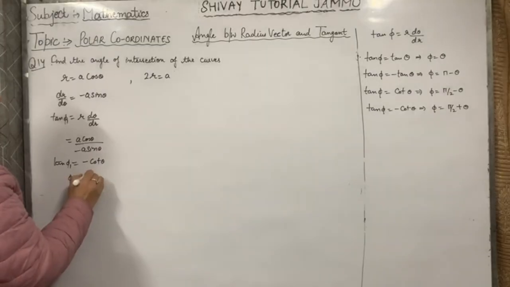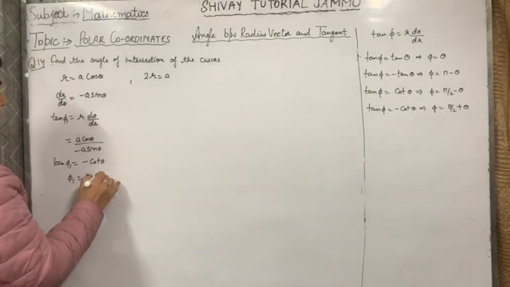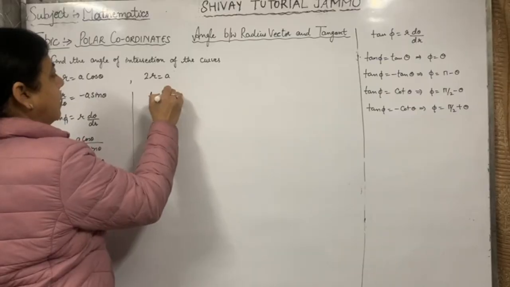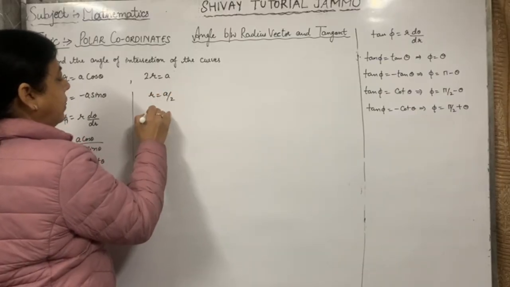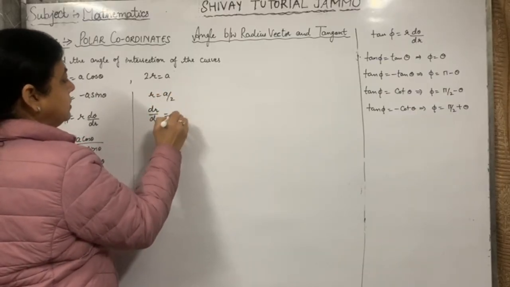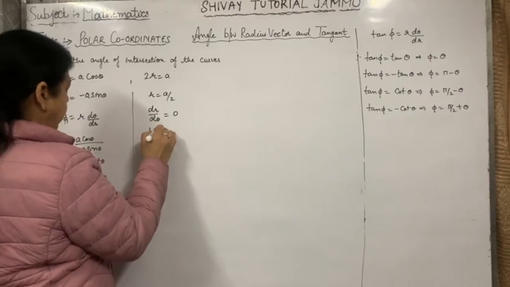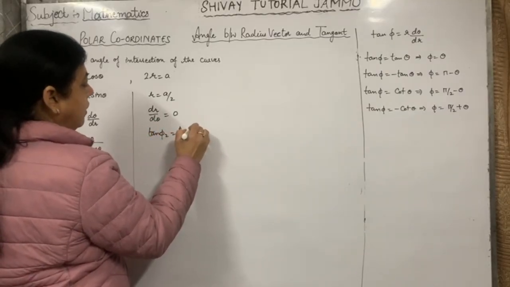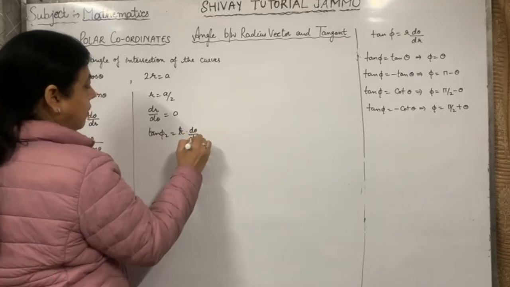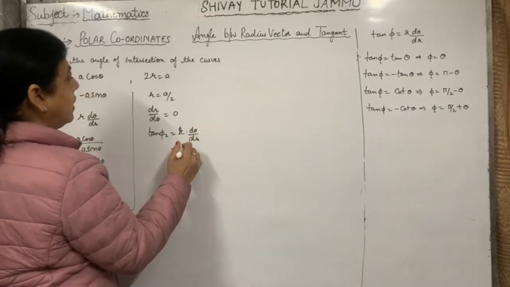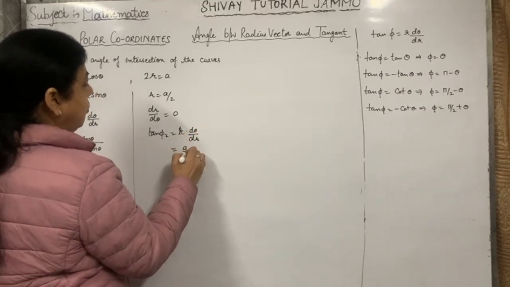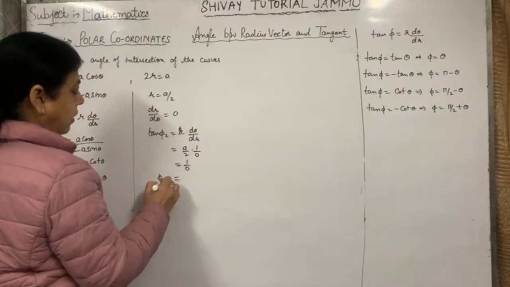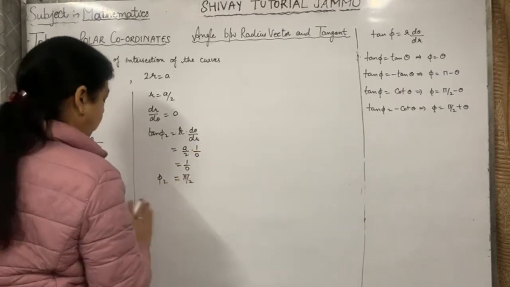Then φ1 will be π/2 plus θ. Then r is a/2, dr/dθ is 0, tan φ2 is r dθ/dr, a/2 upon 0, 1 by 0 not defined, so φ2 is π/2.